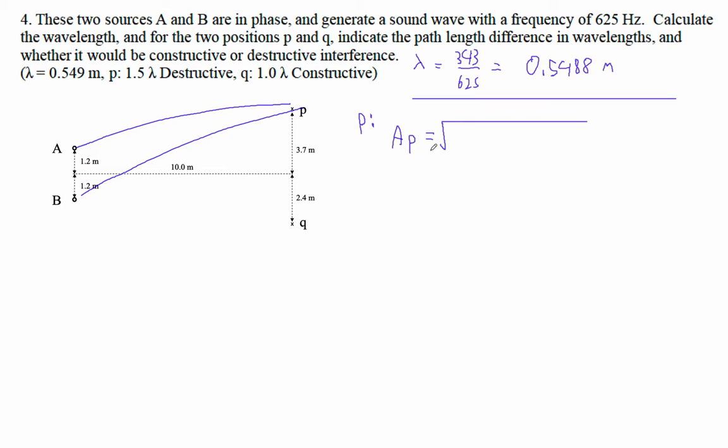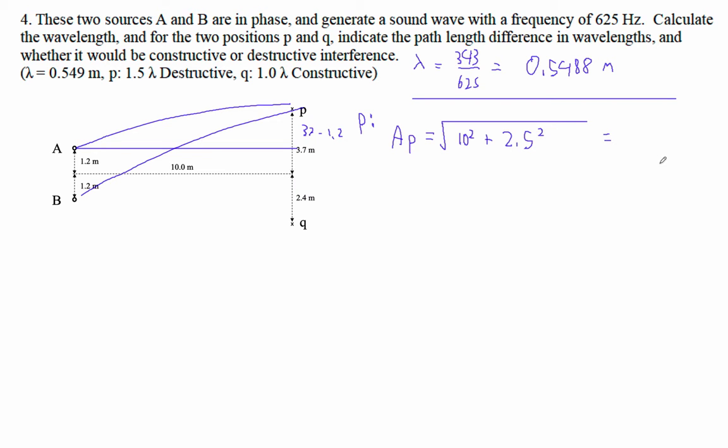In the x direction, it's just 10 away, so 10 squared plus, this distance right here is 3.7 minus 1.2, which is 2.5.